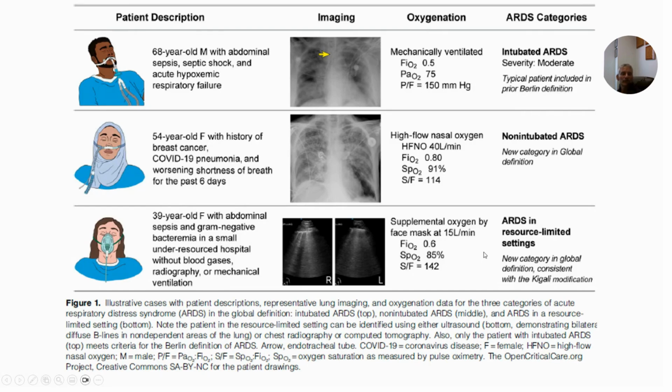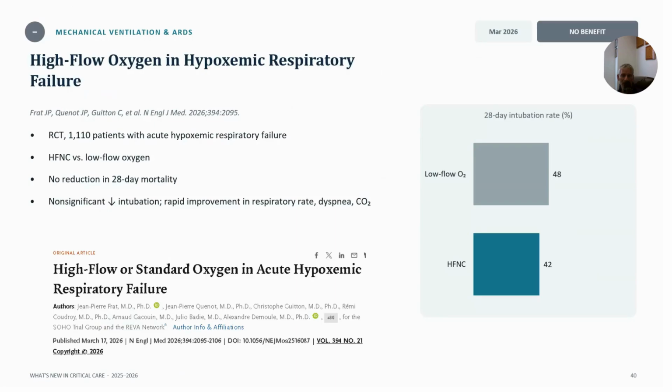ARDS in resource limited settings. So I guess the new finding is you don't have to be intubated also to call it ARDS. Classically, you need the CPAP, but high flow nasal cannula, high flow of 40 liters would be enough to substitute for that CPAP requirement.